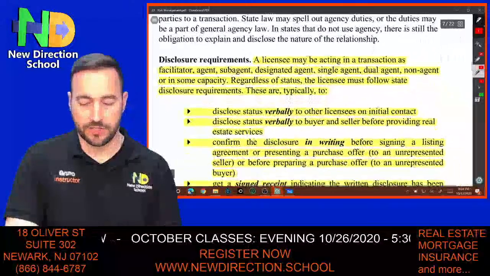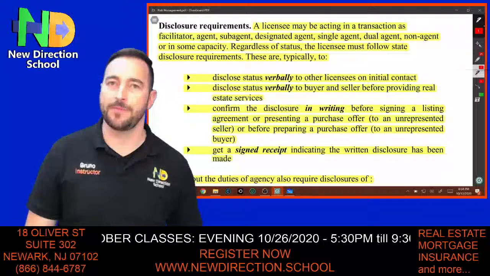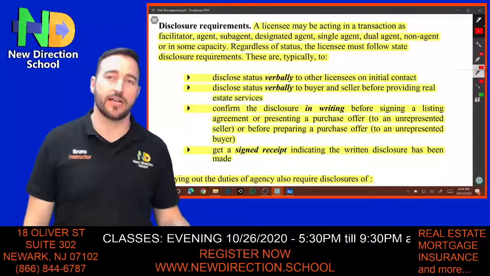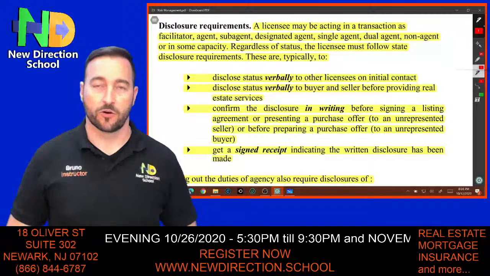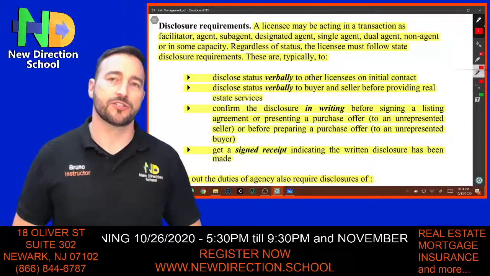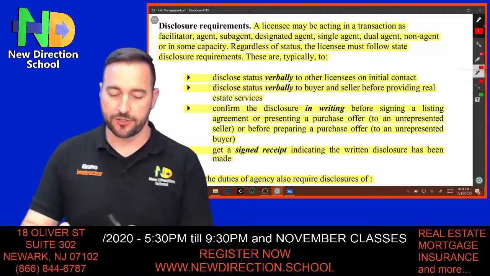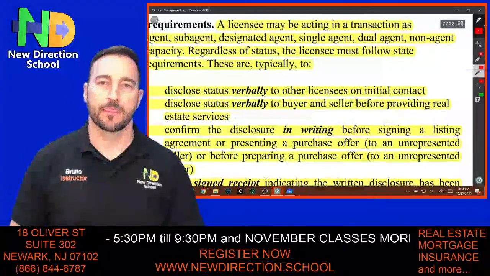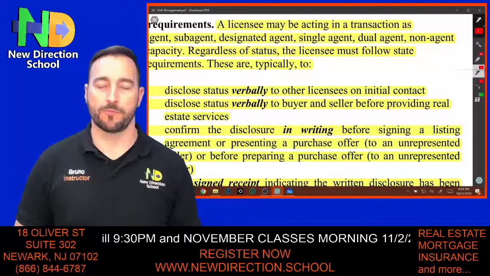You guys already know these right here. Disclosure requirements. Because a licensee may be acting in the transaction as a facilitator, agent, sub-agent, designated agent, single agent, dual agent, or non-agent, or in some other capacity, regardless of your status, you must follow the state disclosure requirements, which usually include verbally, or in writing, or both.